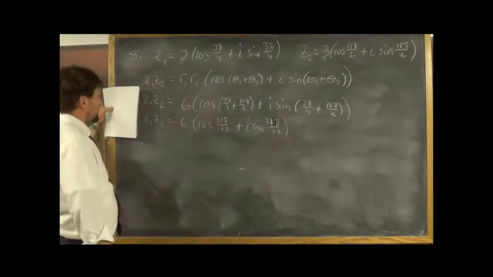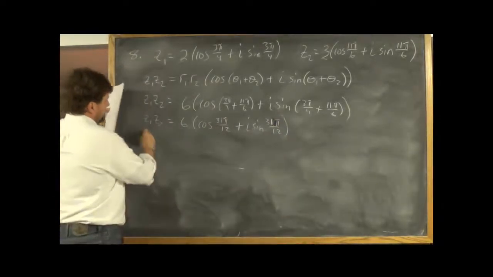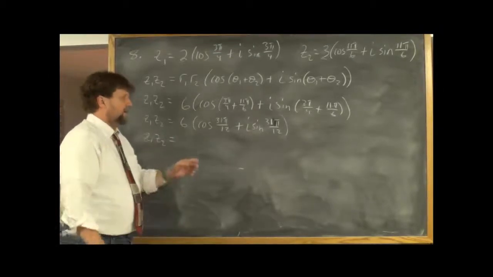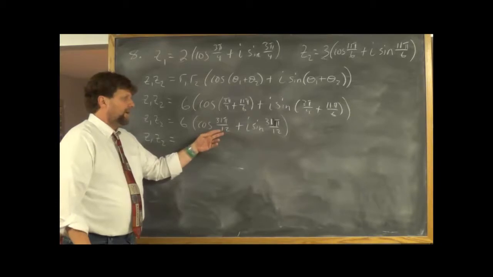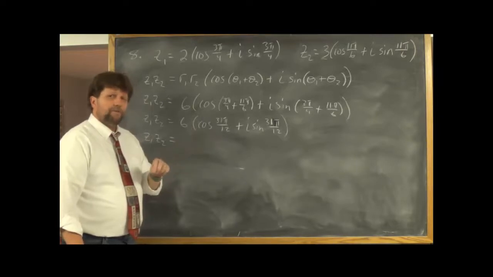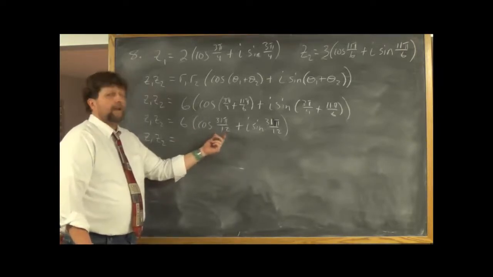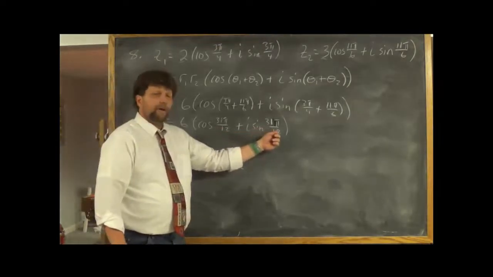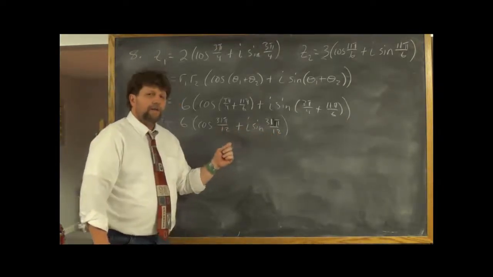Now, technically speaking, our argument here should be an angle between 0 and 2 pi. 31 pi over 12 is a little larger than 2 pi. So what I really should do is subtract off a 2 pi from the argument, 31 pi over 12.